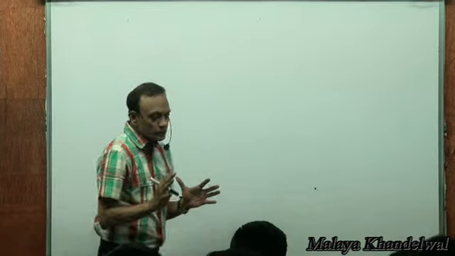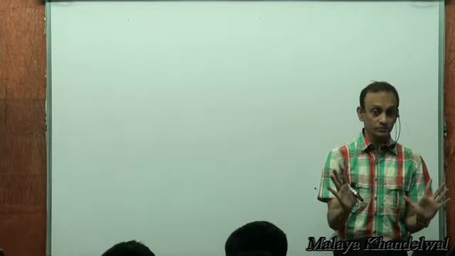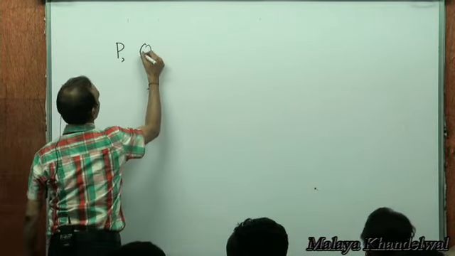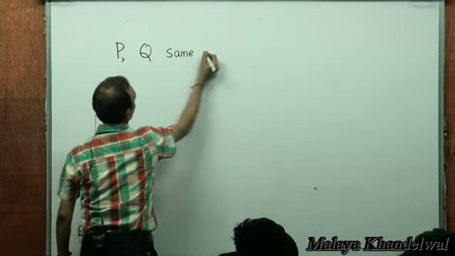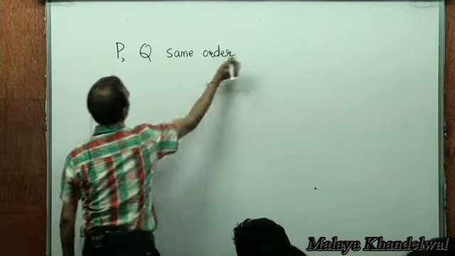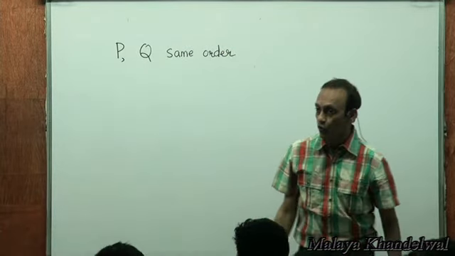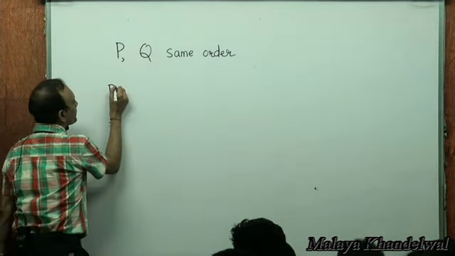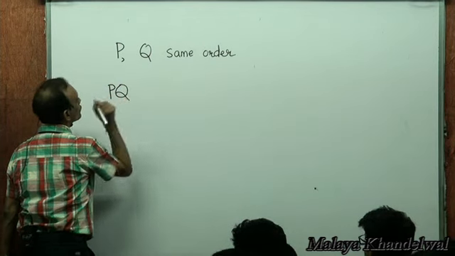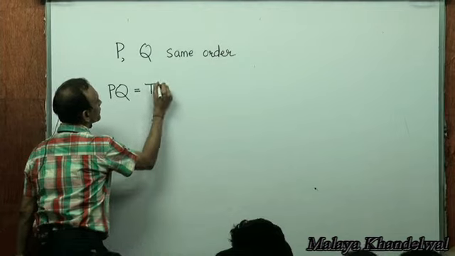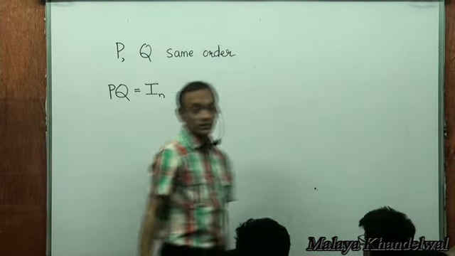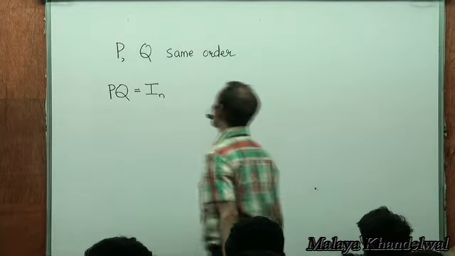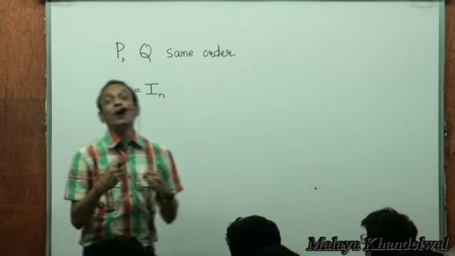If I have two square matrices P and Q of the same order, and if P into Q is I_N, an identity matrix, then we say P and Q are inverses of each other.